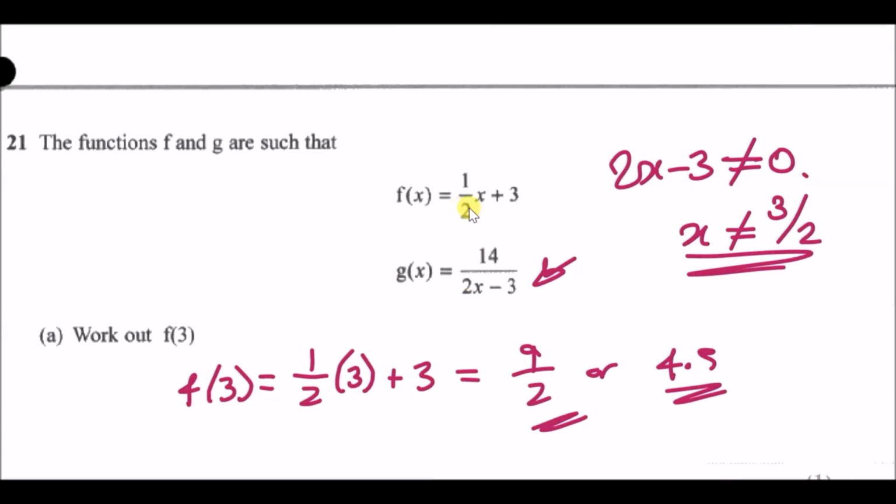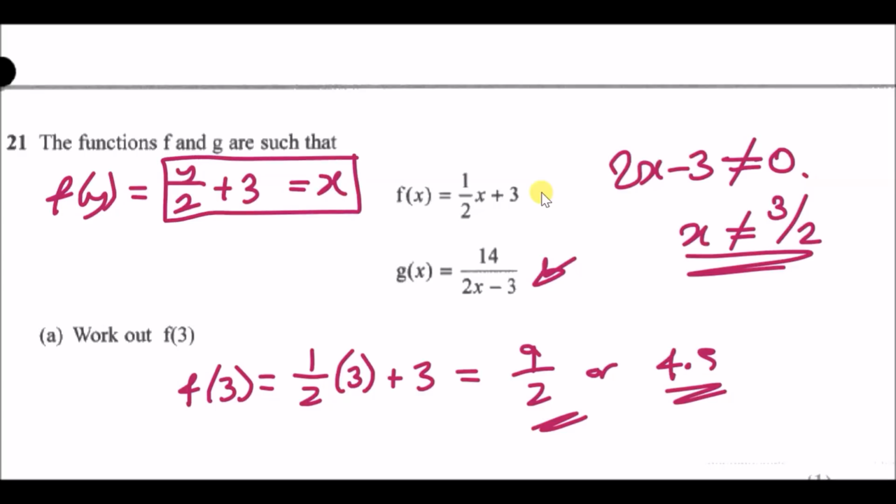So let's rewrite it here, yeah? To calculate the inverse, a nice trick is to replace all the letters with y. So we have f(y) equals half y. Instead of writing half y, I'm going to write y over 2 plus 3. And the one property of the inverse is that you make it equal to x. And then you rearrange this to make y the subject. And this is easy to rearrange.